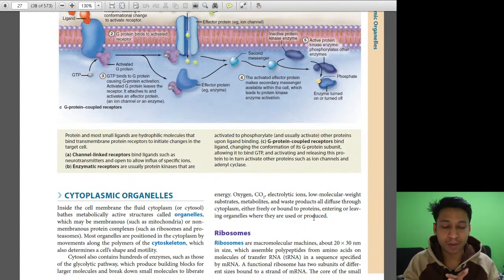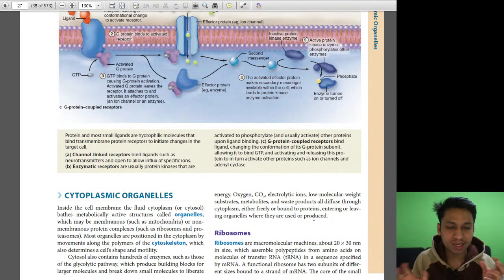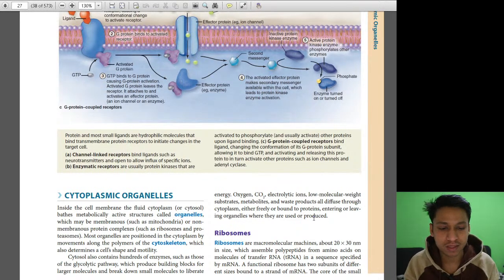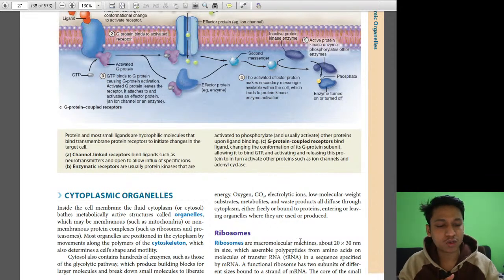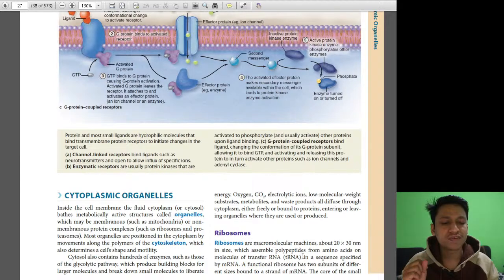So the ribosome is the first organelle we're going to study. Let's see how dynamic the ribosome is. Ribosomes are macromolecular machines. They are responsible for producing the polypeptide chain, the translation. About 20 to 30 nanometers in size, they assemble polypeptides from amino acids on molecules of transfer RNA in a sequence specified by mRNA.